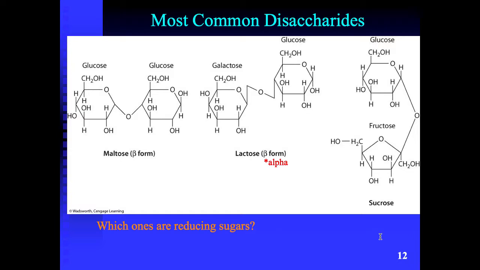Got that? What if it was beta 1 to 4? That's a different disaccharide. So the disaccharides are specific to their monosaccharides and the glycosidic bond.